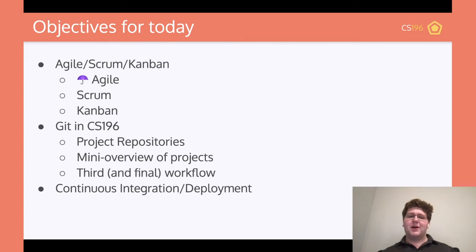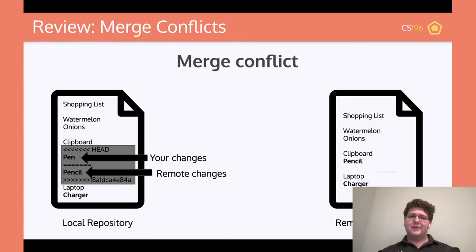And then we're going to talk about our third and final workflow, which is basically how you will interact with GitHub and keep track of everything, take advantage of some of the workflows we're talking about in the first half. And then I don't think we're going to have time for continuous integration and deployment, so we'll see on that.